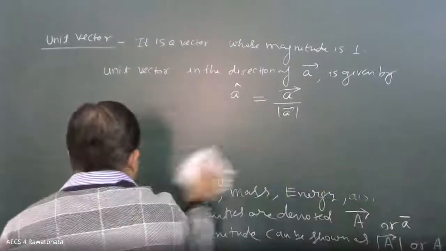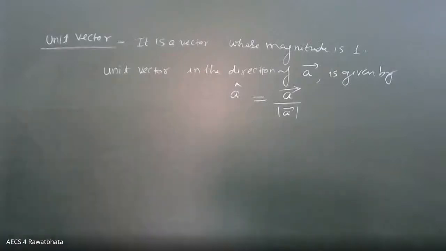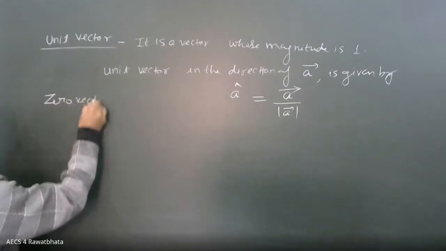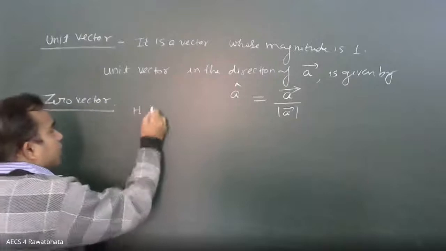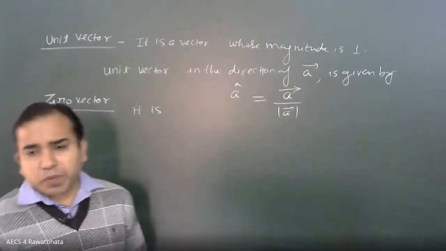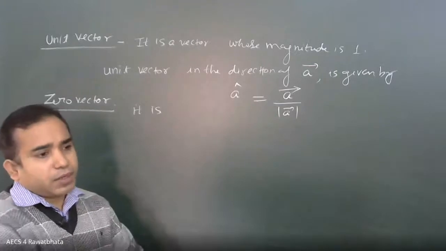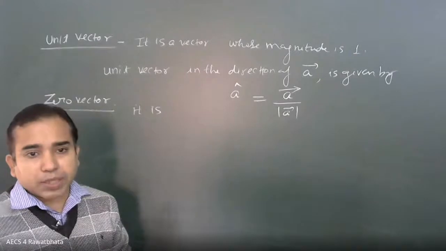Let us learn some more terms. One term we use multiple times is zero vector. For a zero vector, when magnitude itself is zero, what is the sense of direction?